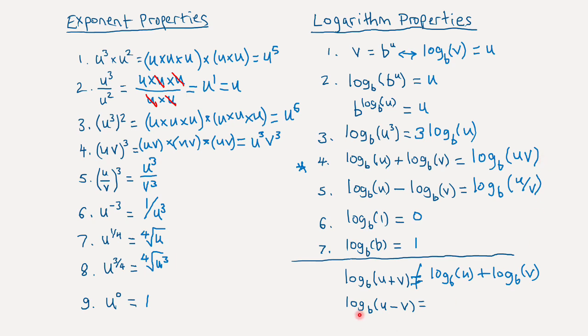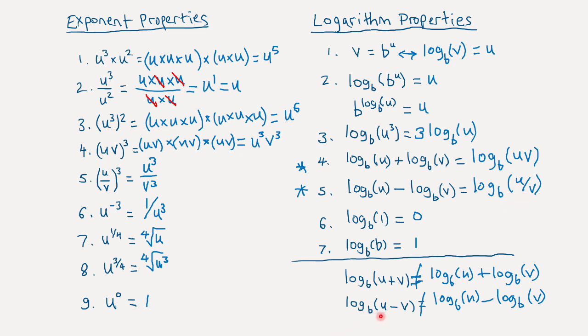And then similarly for this next one, it would be tempting to write the logarithm of u minus v as the logarithm of u minus the logarithm of v, but we know that's not true because we've already seen up here in number 5 that if we take the logarithm of u minus the logarithm of v, we get the logarithm of u divided by v.